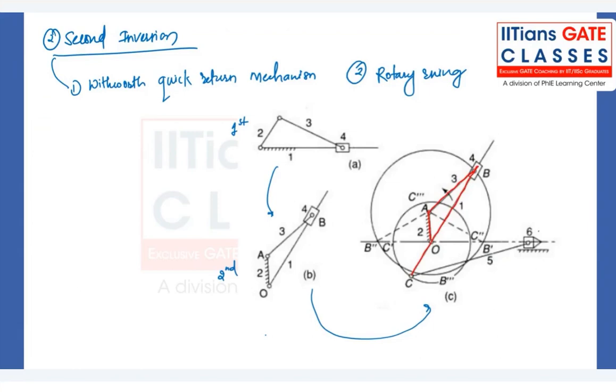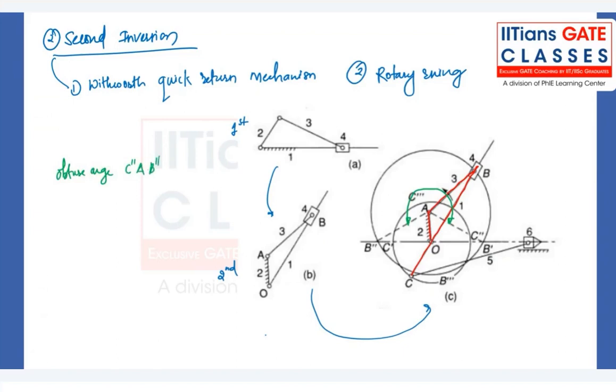And what is happening here is during the cutting stroke, the tool will have this much complete revolution. Angle C double dash A B double dash, okay, obtuse angle, C double dash A B double dash.